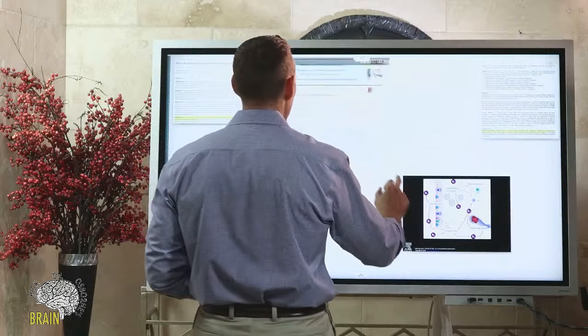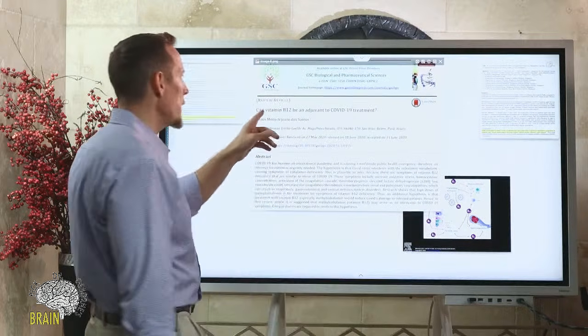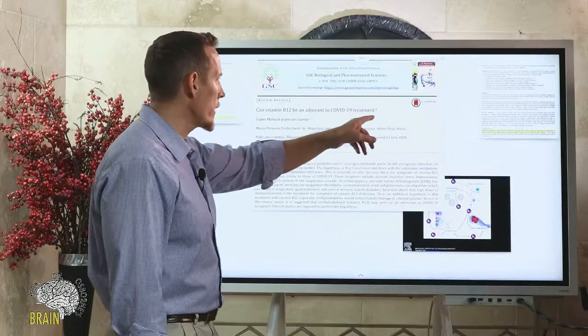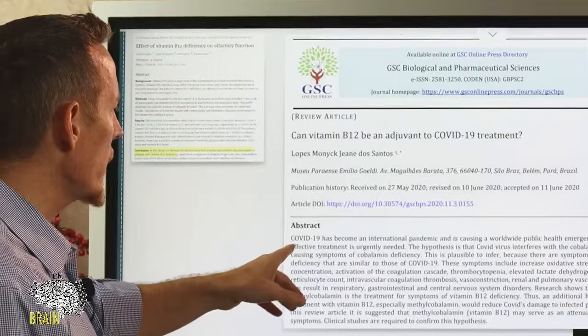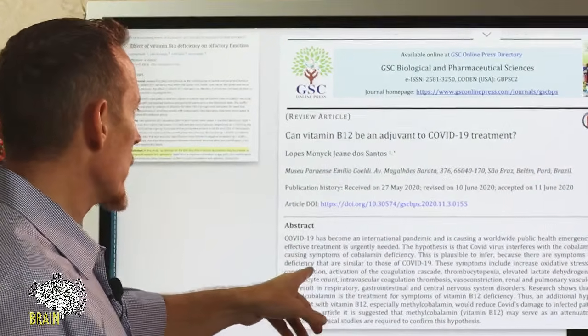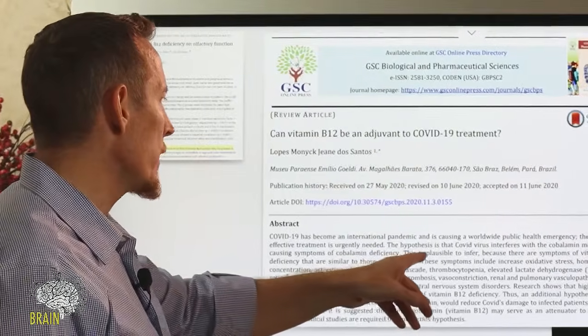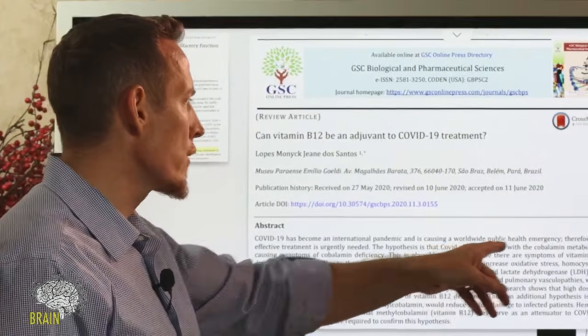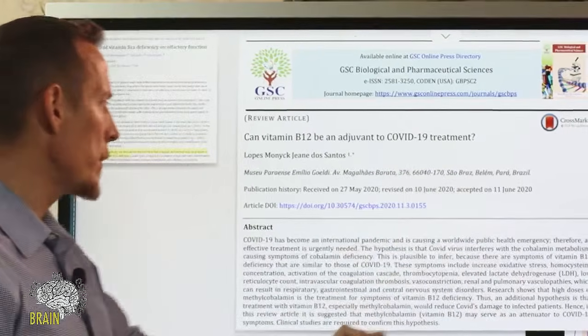So you can see in this study, can vitamin B12 be an adjuvant to disease that shall not be named treatment? Okay, so in this particular study, what they're saying is that it's possible to infer that this virus interferes with cobalamin metabolism, or vitamin B12 metabolism.